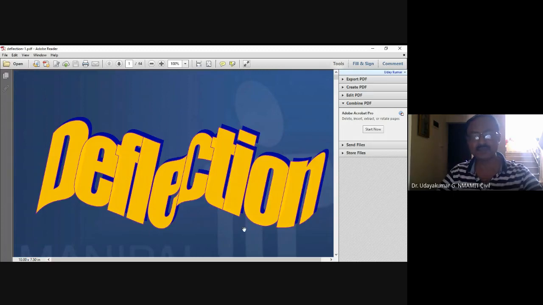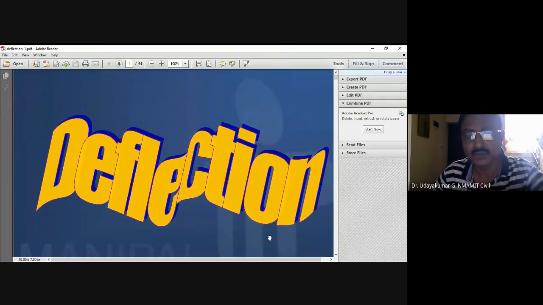You get a curve. That is called the elastic curve. The equation for the elastic curve is given by EI d squared y by dx squared. This EI is the flexural rigidity.